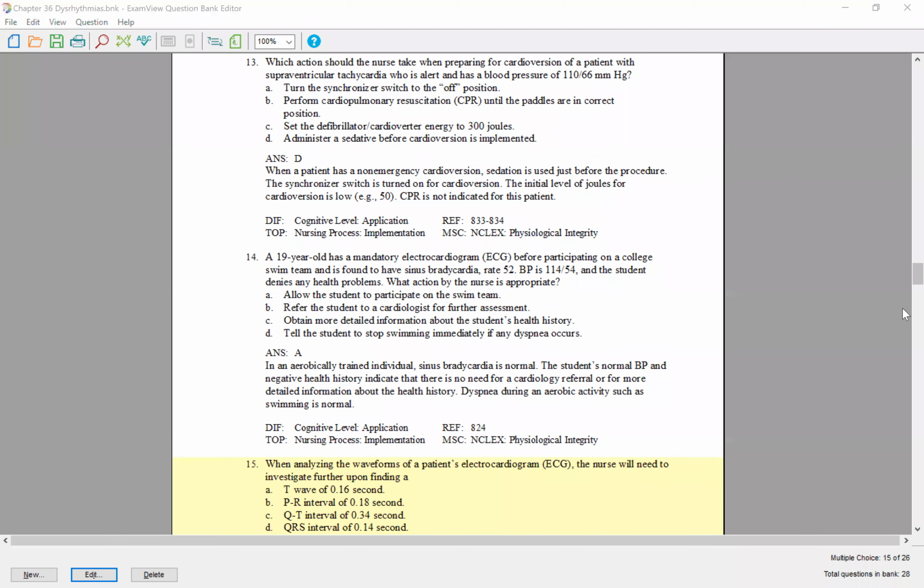Okay. Professor? Hello? I was looking at C. No, that's normal. C is normal. 0.34 for the QRST.